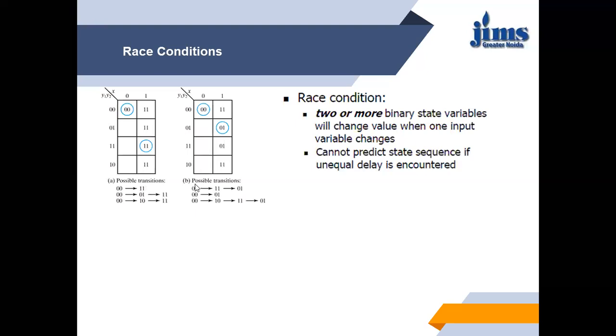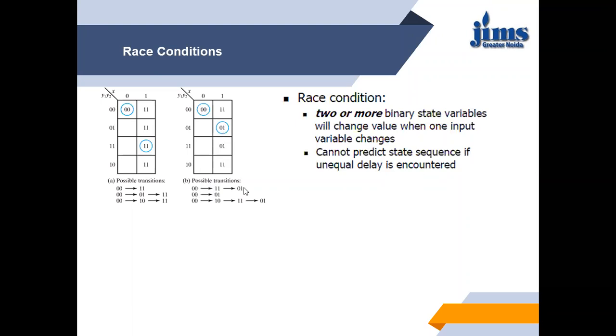Again, in the second diagram, the possible transitions are, because there are only two stable states, 0 0 and 0 1, that when we change the input x from 0 to 1, it will go from state 0 0 to 0 1. The possible transitions are: it may go from 0 0 to 1 1, then 1 1 to 0 1.